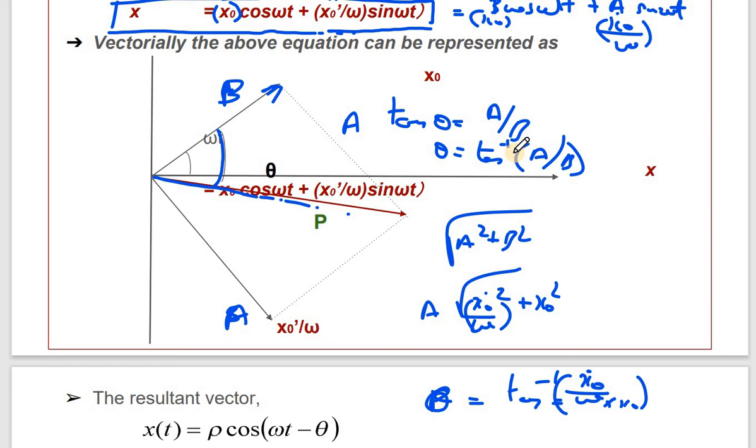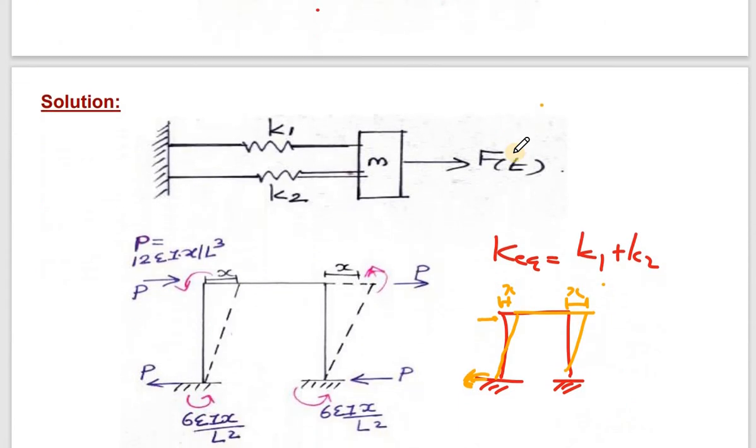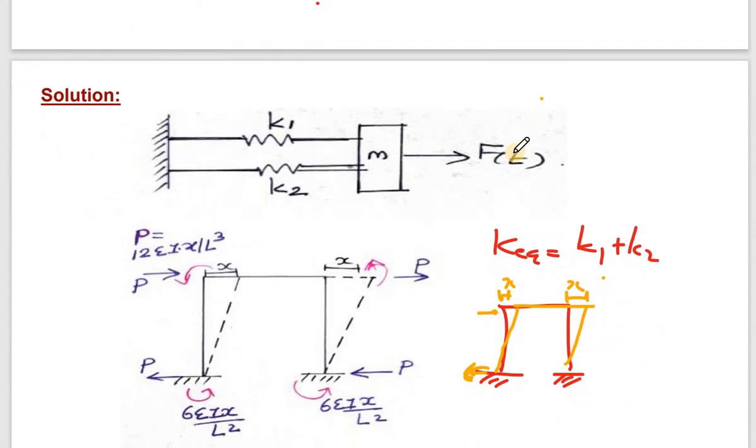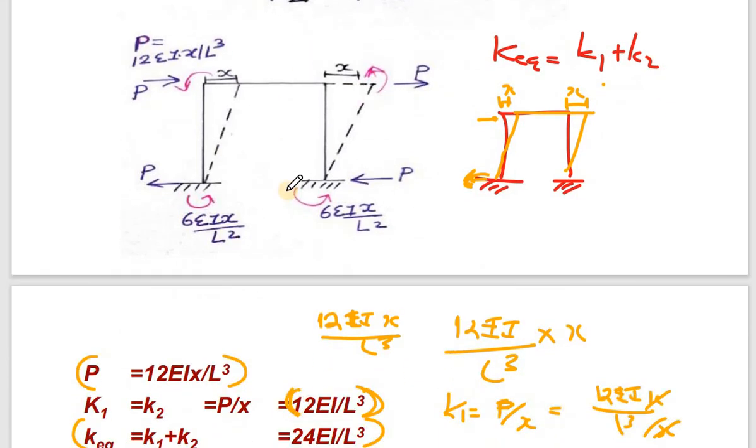That is why a lot of assumptions and groupings of constants are taken. Today we discussed many problems also. Just go through the problems, why it is done, and how this 12 EI by L cube is arrived at, which you can refer to in your structural dynamics classes.